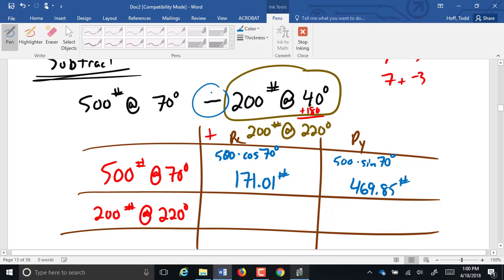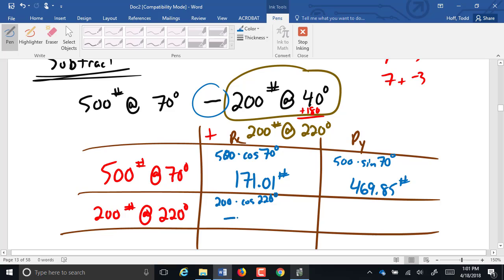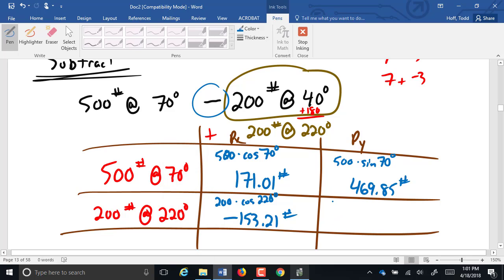Because we're subtracting, we're changing it to adding the inverse. So then the 200 at 220, the x component or horizontal component is 200 times the cosine of 220 degrees. Negative 153.21. And the vertical component is 200 times the sine of 220 degrees.